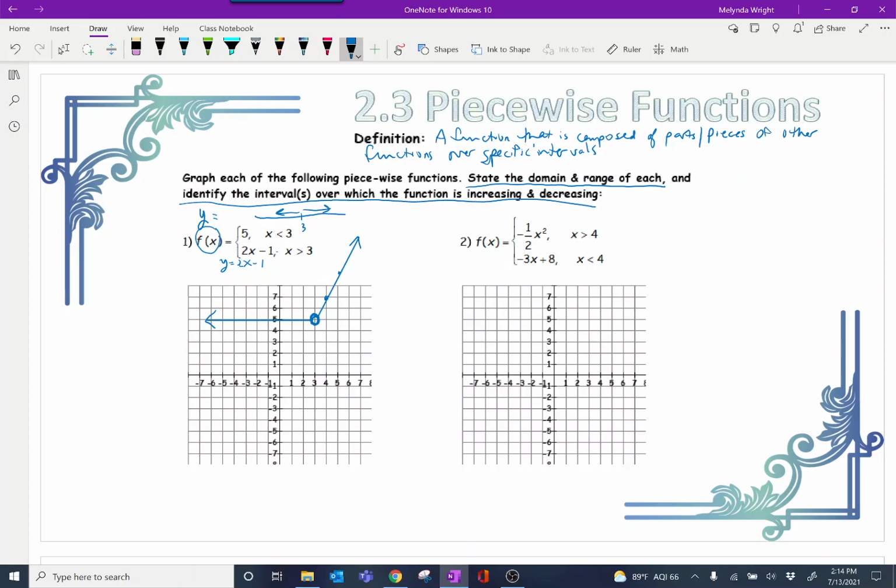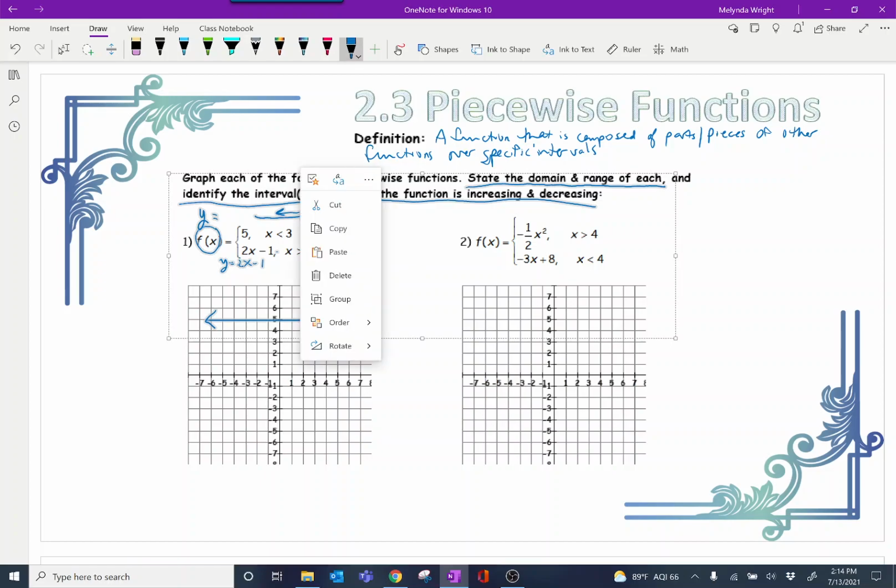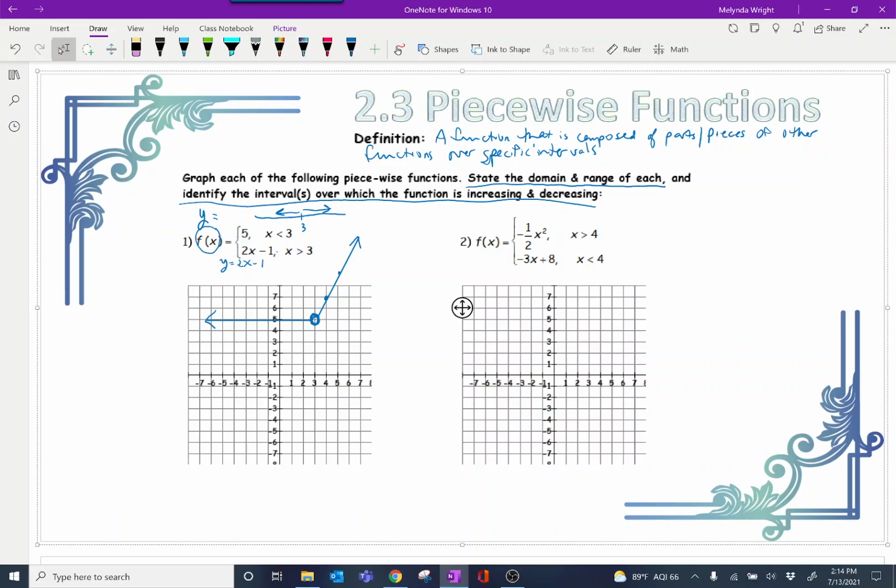So domain and range. It doesn't say what form they want, whether we use set notation or interval notation, doesn't really matter, but let's look at our domain. Our domain is basically everything except 3. 3 is not part of this.